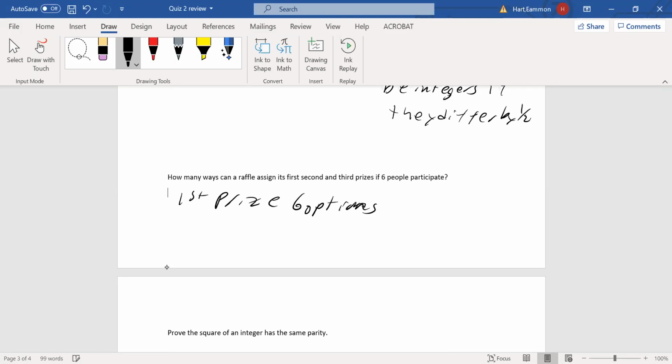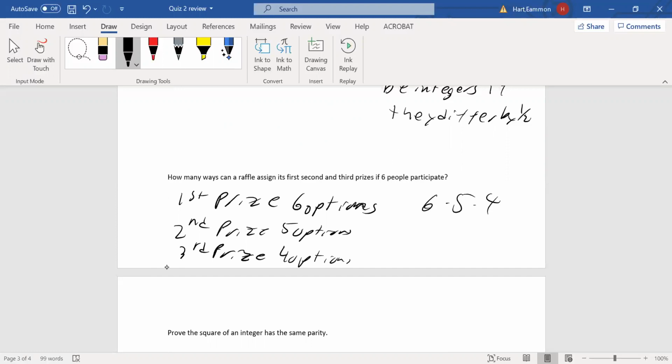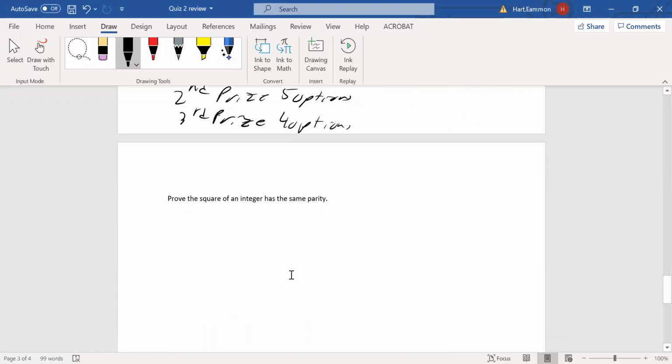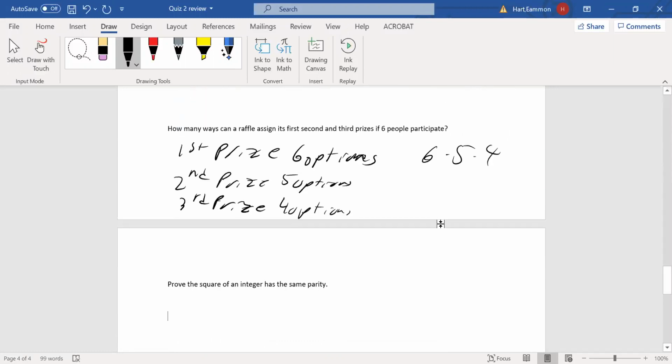But that first option is gone for my second prize, so second prize, I have 5 options. And third prize, those first 2 are gone, so I'm down to 4 options. So I have 6 times 5 times 4. You can also do this as branching trees of possibilities if you want, but this is good enough, so it gives us 120.